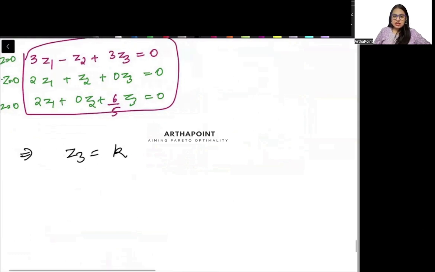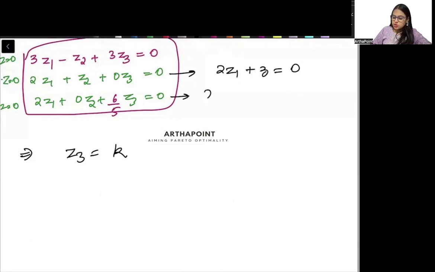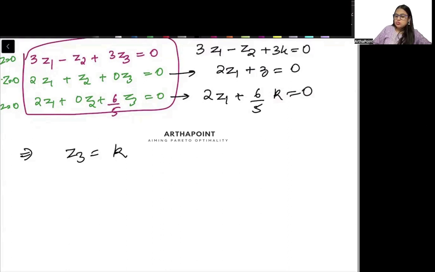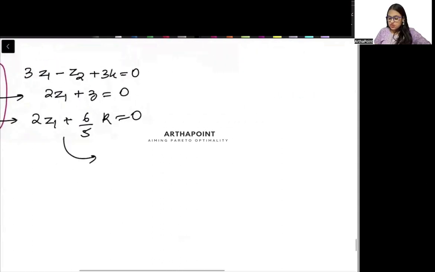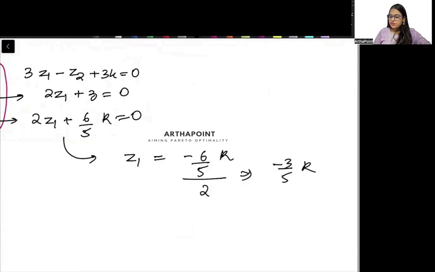If Z3 is k, then from the second equation I will get 2Z1 plus Z2 equal to 0. The third equation becomes 2Z1 plus 6 by 5 times k equal to 0, and the first equation becomes 3Z1 minus Z2 plus 3k equal to 0. From the third equation Z1 will come out as minus 6 by 5k divided by 2, so minus 3 by 5k.